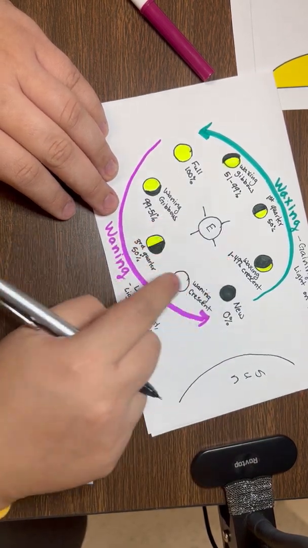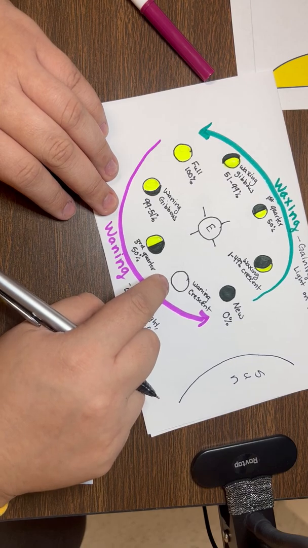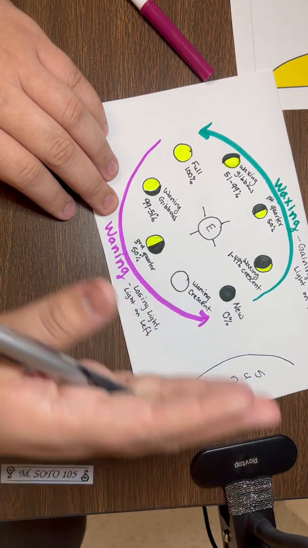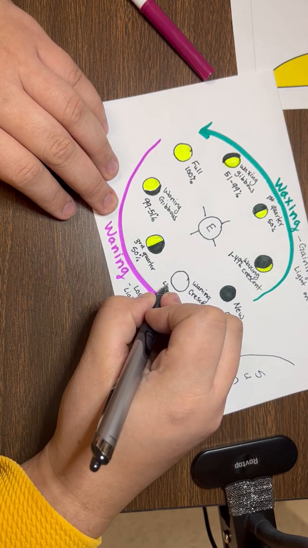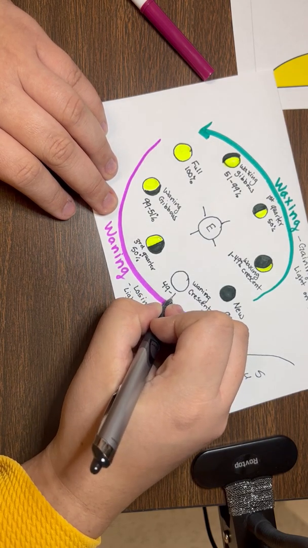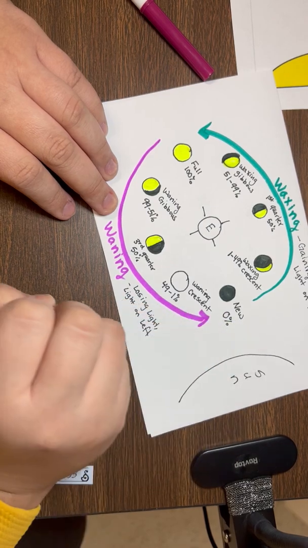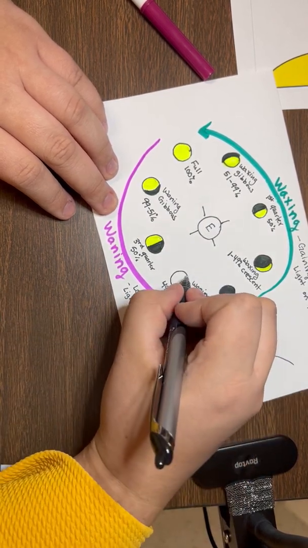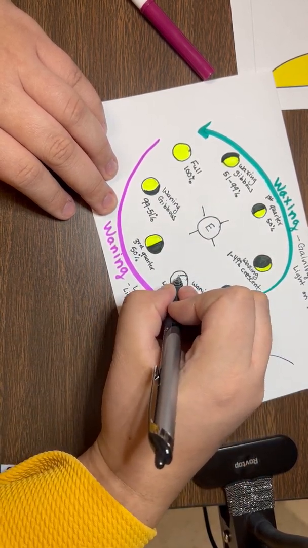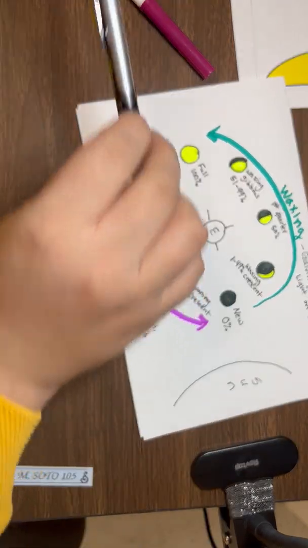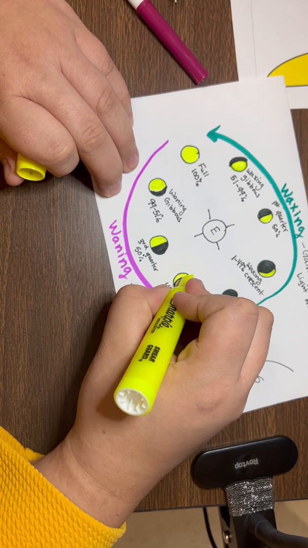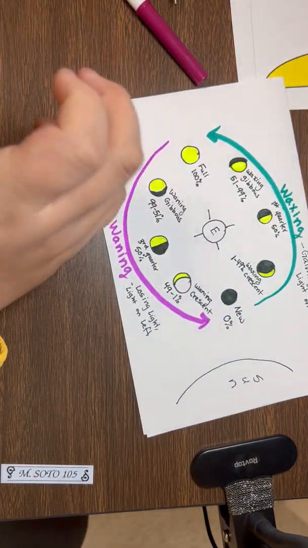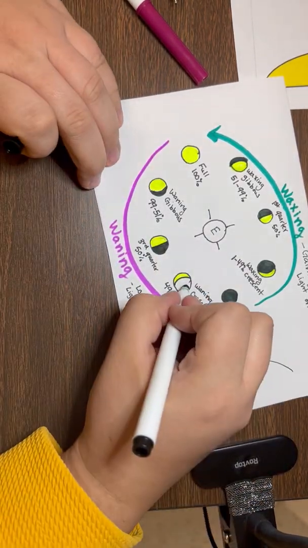And just like the top, crescents are below 50%, but we're going backwards, so it's going to be 49 to 1% illumination. Light is still on the left, so we're going to draw a little C shape for crescent. We're going to fill in that illumination, and then the darkness side.